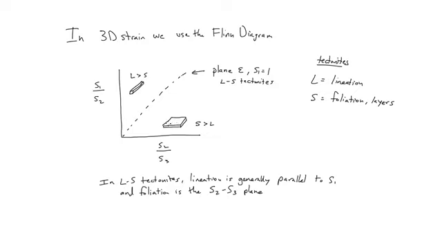Their orientations might be off a little bit, but that's a detail that we don't get into in this class. For the most part, you can just assume that in constrictional strain, if you find a bunch of features that have a linear aspect, that is S1, and that the plane here is the S2, S3 plane.